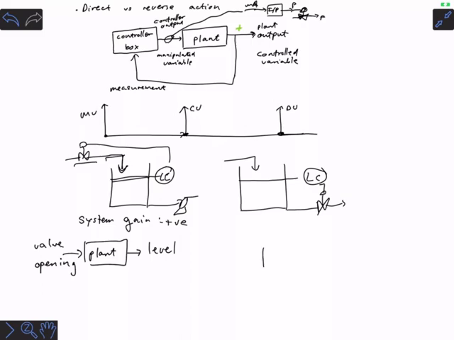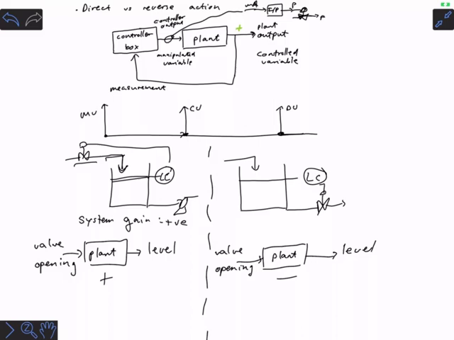In this system, we've got the same general idea. We've got valve opening, so this is positive, and this is negative. Notice that you have to know the picture and a lot of information to understand what that gain is.